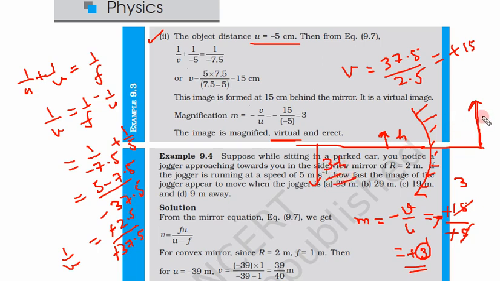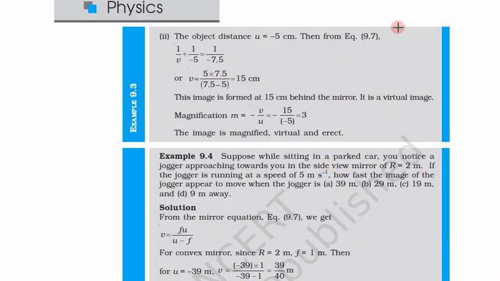In this case, the image is still 3 times larger, but virtual, and on the same side it is erect. It is not inverted. So in this case, the image is erect, non-inverted and virtual.